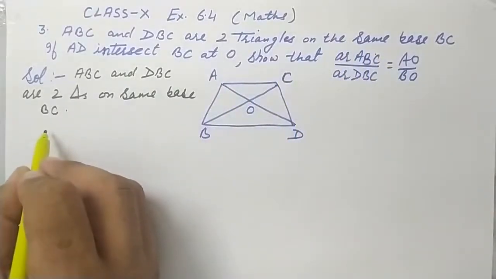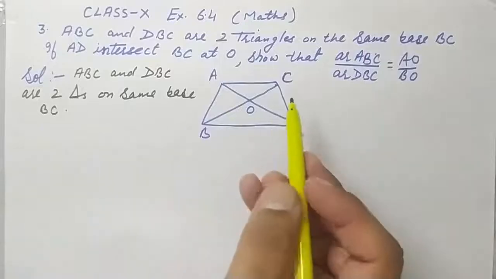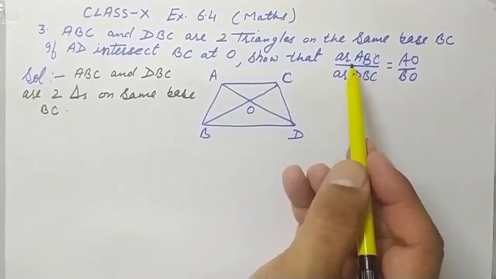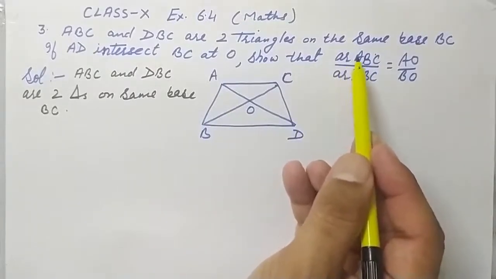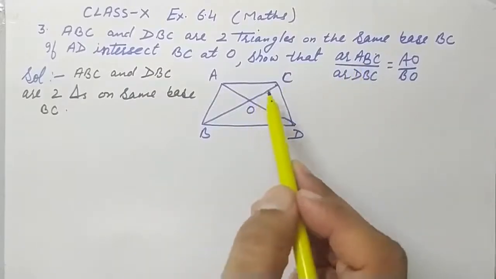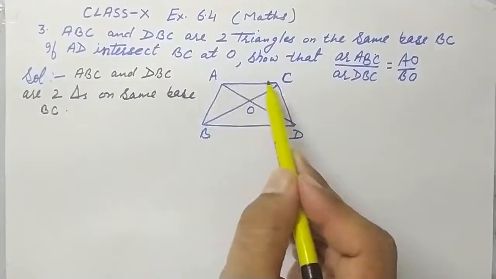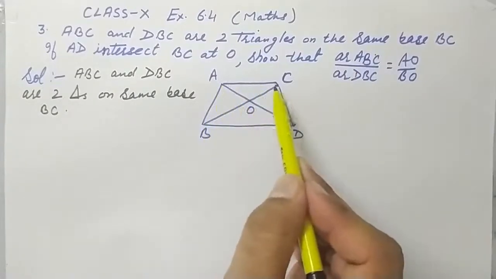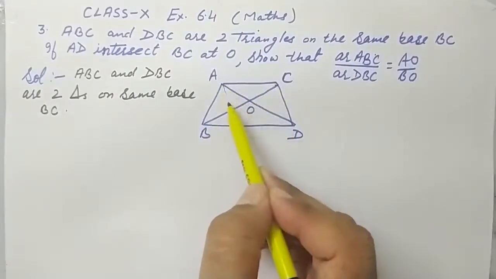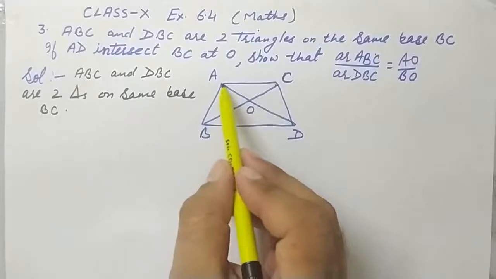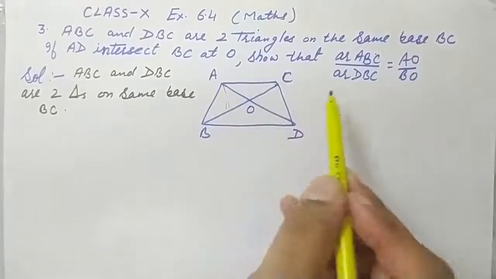Before doing that, we will do some construction, because here the matter is the area of a triangle. We know the area of a triangle is half into base into height. So if I take the area of triangle ABC, it will be half into base BC, into height. First of all, we have to draw the heights of these two triangles.